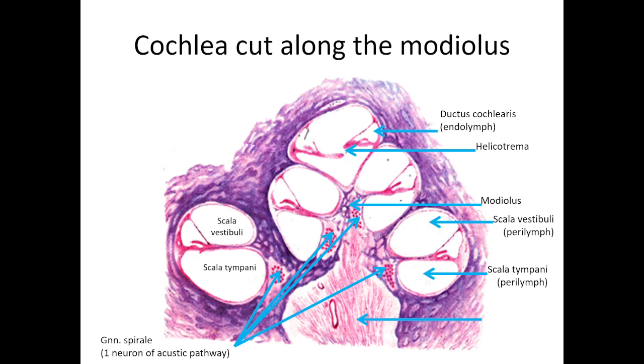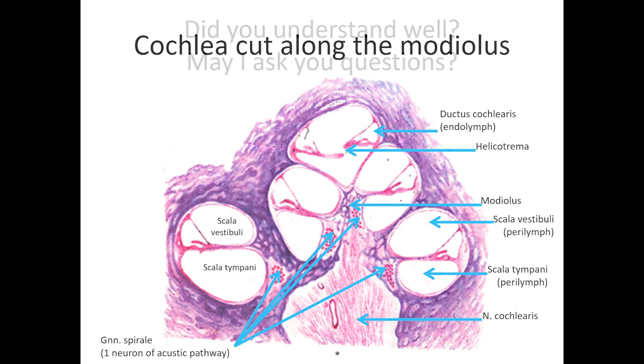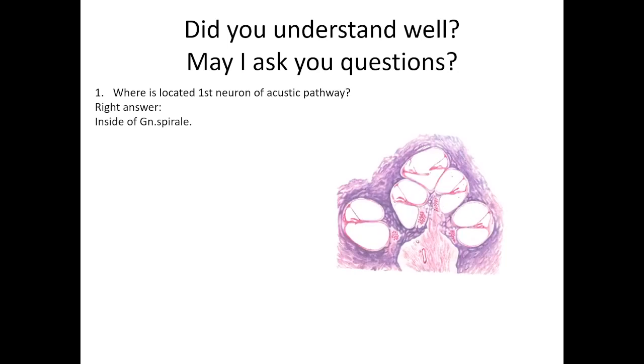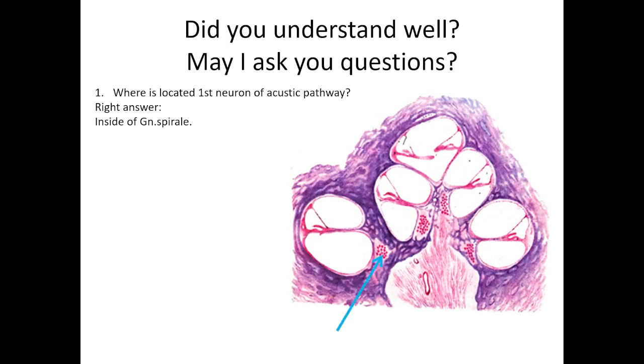And what is this? Again, a nerve. What nerve? Nervus cochlearis. Through the base of the modiolus, nervus cochlearis originates. Some questions. Where is the first neuron of the acoustic pathway located? Ganglion spirale. You are right. Inside of ganglion spirale. So here it is, ganglion spirale.